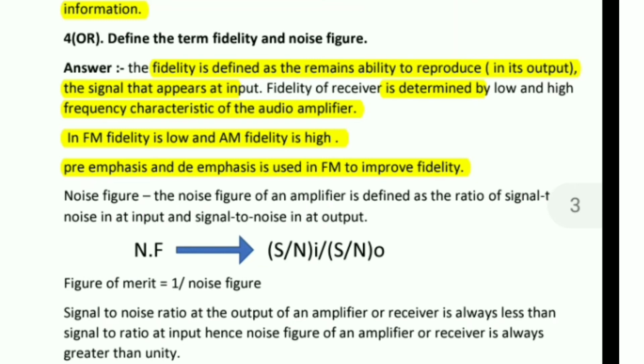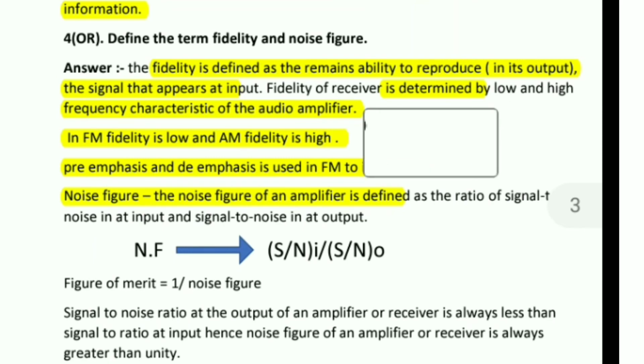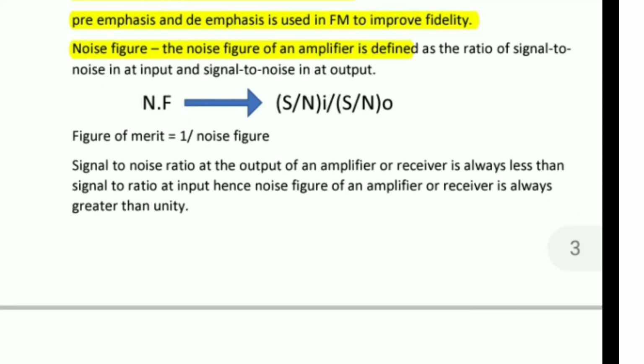What is the noise figure? The noise figure of an amplifier is defined as the ratio of signal to noise ratio at input and signal to noise ratio at output. This is the formula of noise figure.